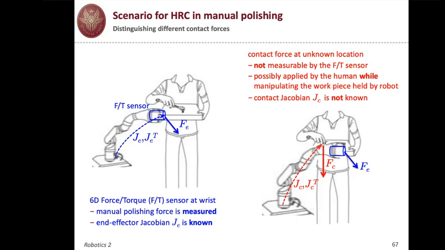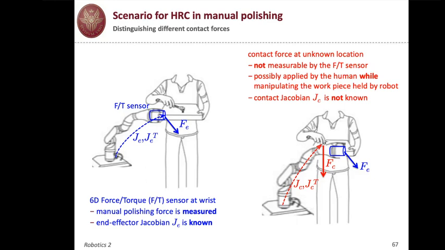And moreover, while contact forces at the end effector have a known Jacobian, the Jacobian of the end effector, for any other contact, not only we don't know the contact force, but we don't know even exactly the contact, so we don't know the Jacobian associated to the contact. However, by using the residual and the force-torque sensor, we can distinguish the different nature of the contact.